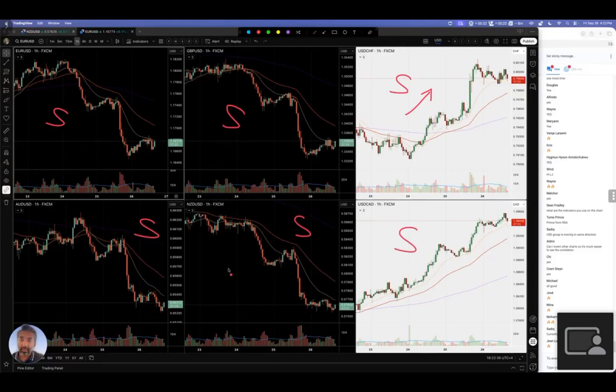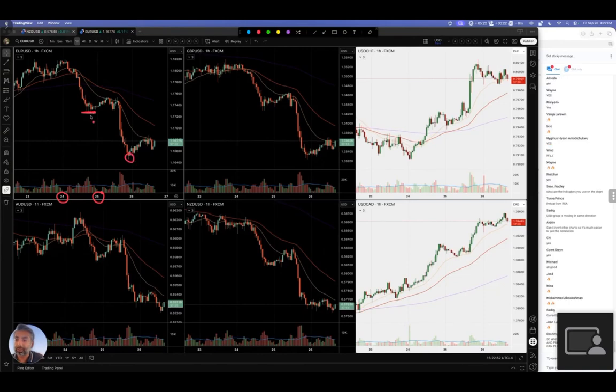Okay? Then, the next thing you want to do is take a look at your swings. Let's say between the 24th and the 25th, you have a swing low here. And then your next swing low is here. So if I draw that, it'll look like this. Same thing between the 24th and 25th, you have this until that.